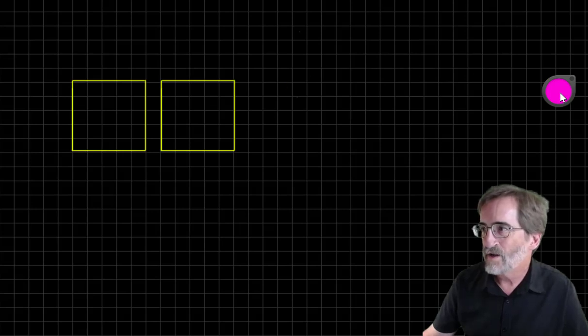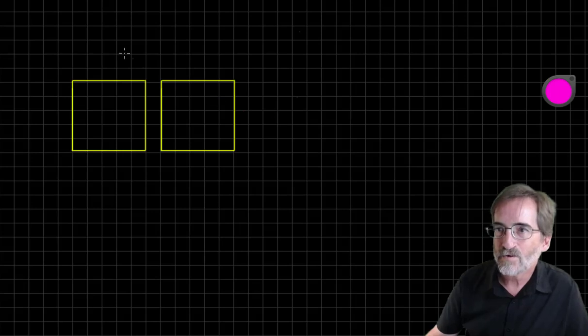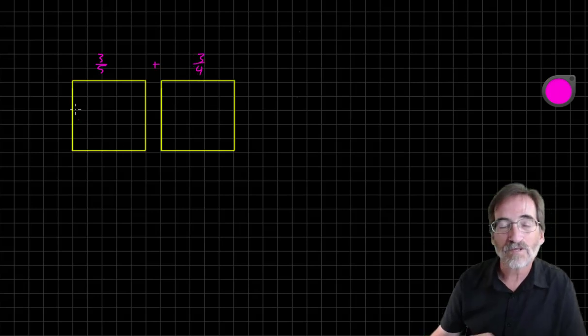And let's do another fraction here. Let's do 3/5 plus 3/4. 3/5 plus 3/4.